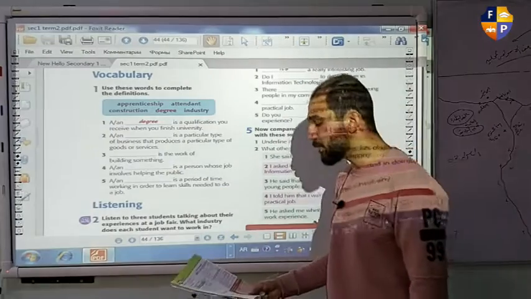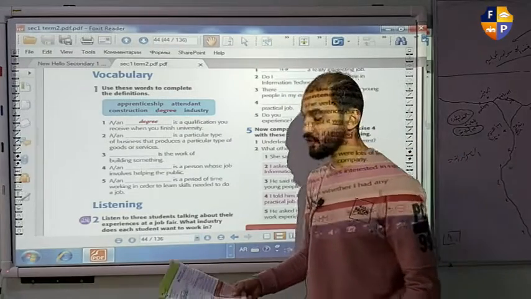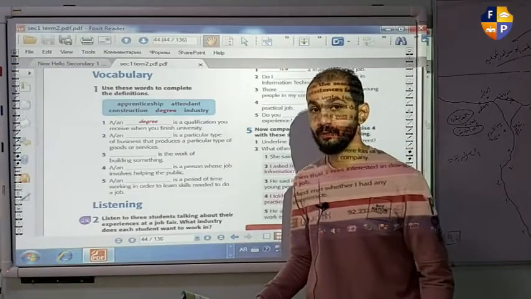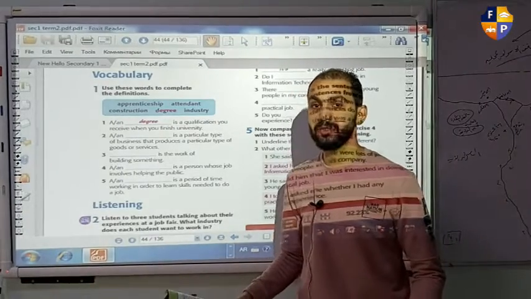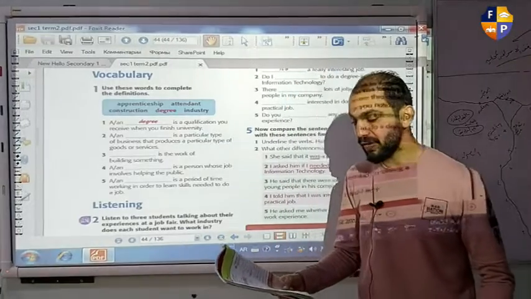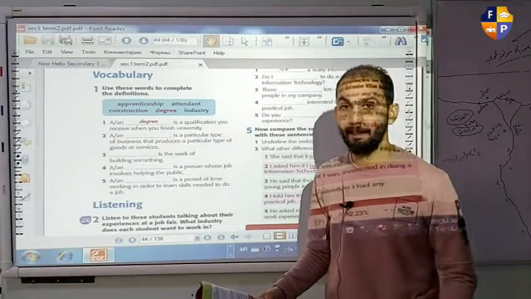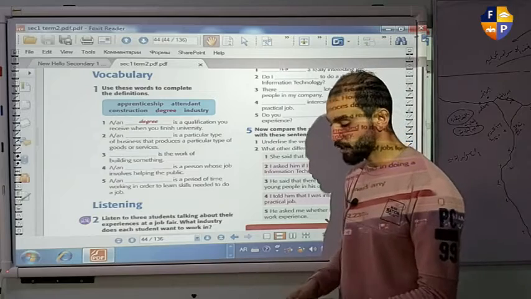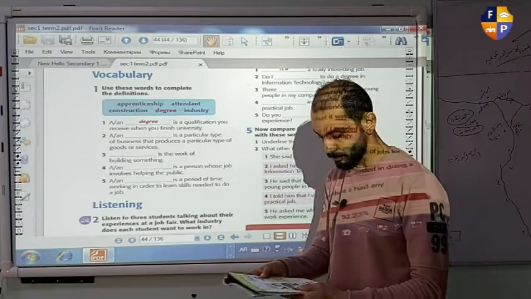So number 2 takes industry. Number 3 takes construction. Number 4 takes attendant. Number 5, apprenticeship. So let's now move to the other page, which is page number 46.